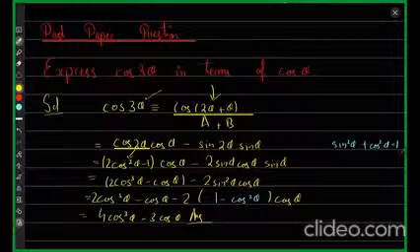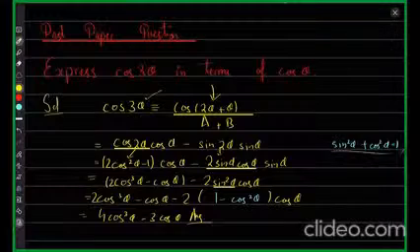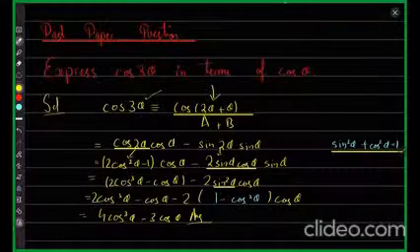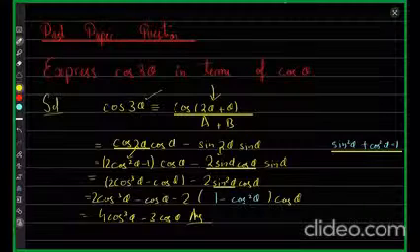Sine 2 theta can be written as this part, and then sine and sine would make it sine squared theta. Then I've used this basic trigonometric identity, and after simplifying, I was able to write down cos 3 theta as 4 cos cube theta minus 3 cos theta.